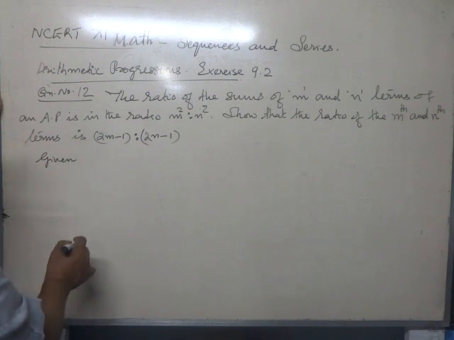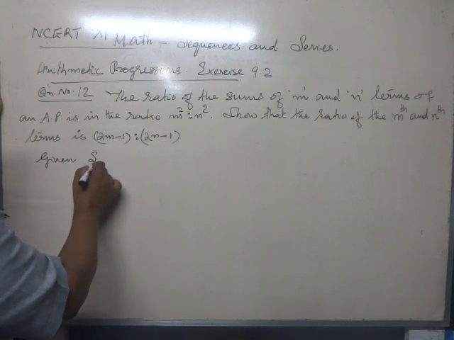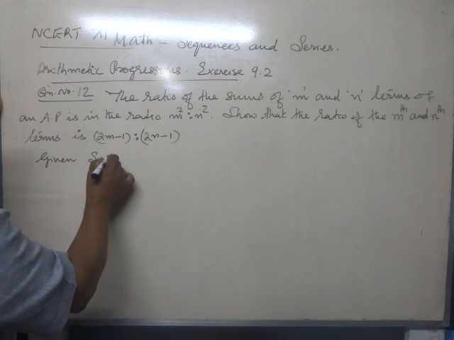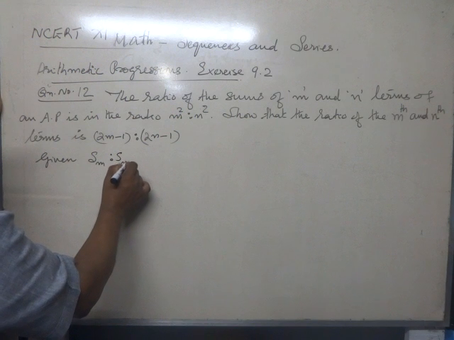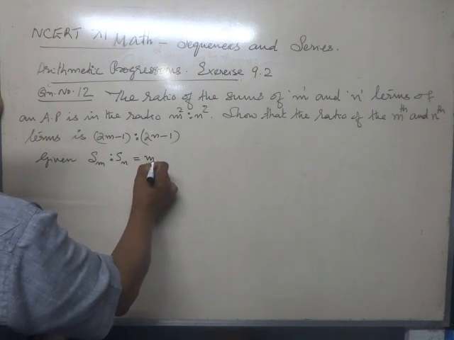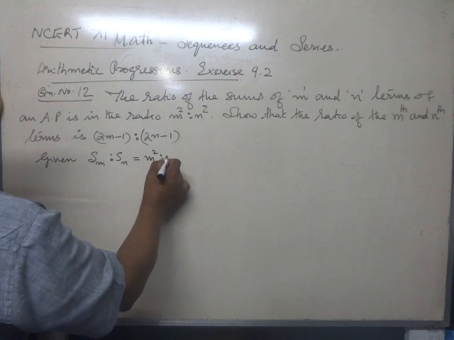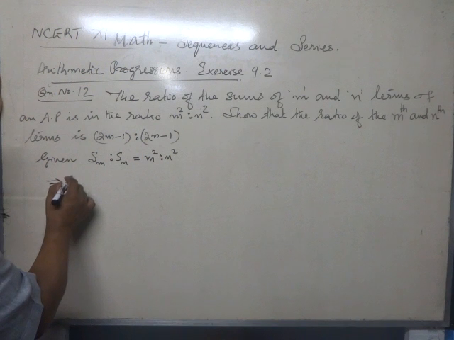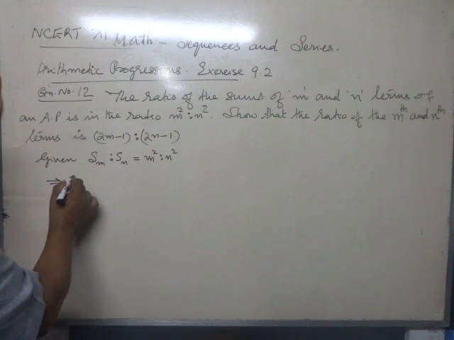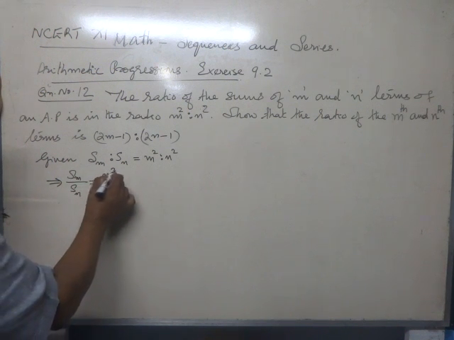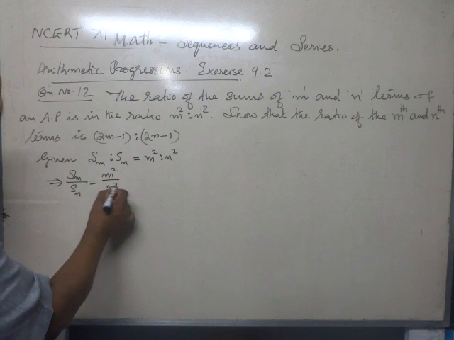Given Sm is to Sn is equal to m square is to n square. That is to say, Sm by Sn is equal to m square by n square.